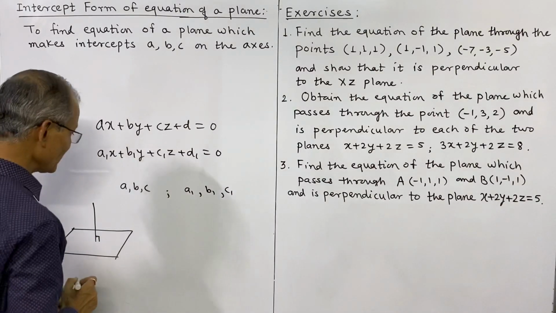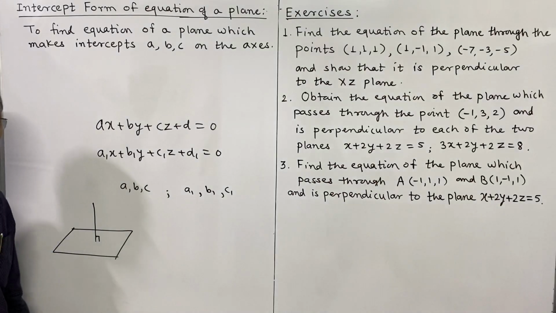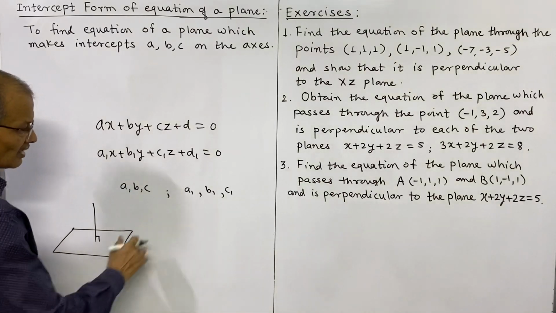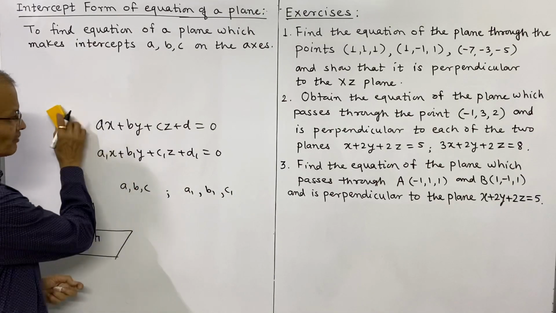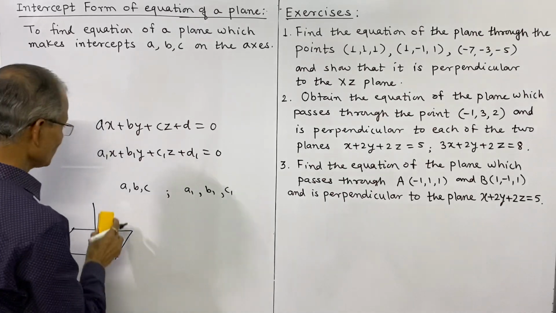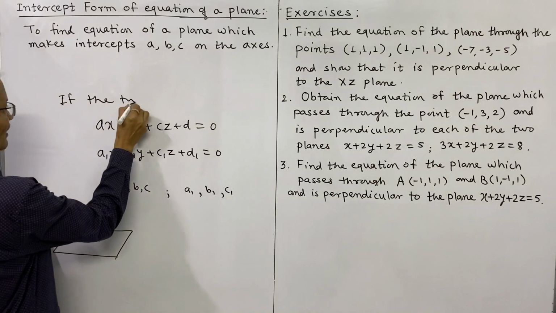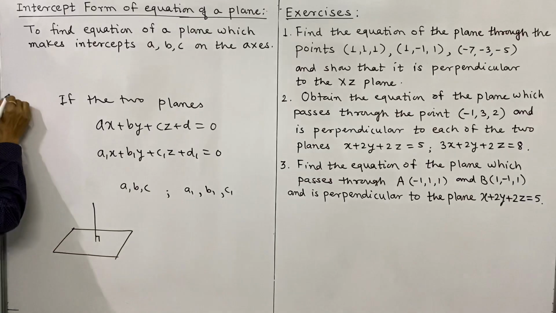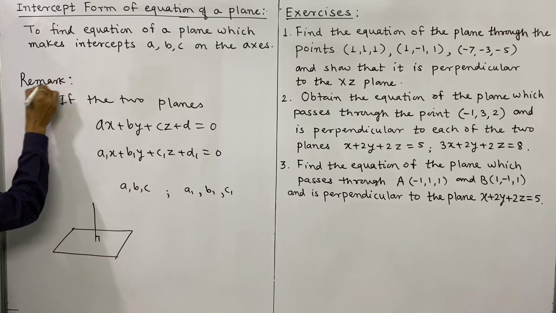And if the two planes are perpendicular, then we know if the two lines with these DRS are perpendicular, the relation between the DRS will be a into a1 plus b into b1 plus c into c1 is equal to 0. So this is the earlier part, we may take this as a remark for the angle between planes.